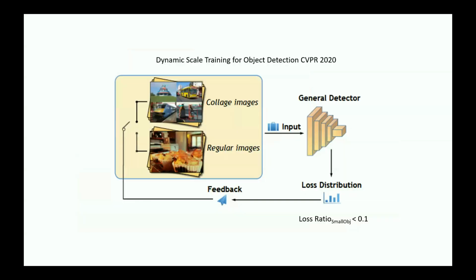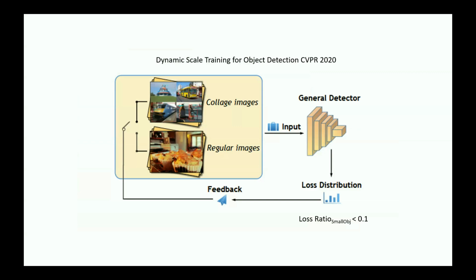So let's figure out what dynamic scale training is. Dynamic scale training for object detection is from a paper published at CVPR 2020. This paper introduced a new data augmentation paradigm, feedback-driven data augmentation triggered by the loss value ratio.